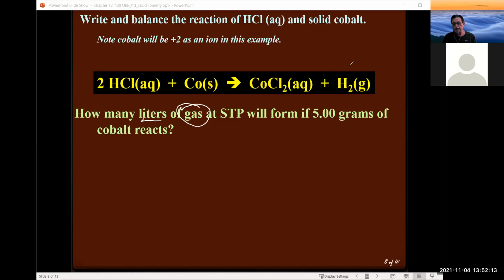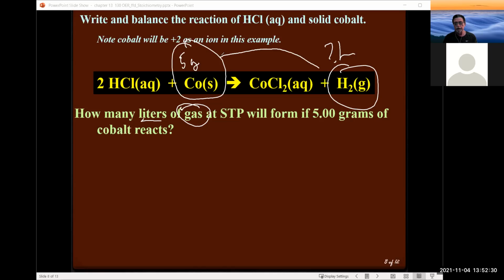The only gas, obviously, is hydrogen. And so the question is, how many liters of hydrogen gas are generated if I react 5 grams of cobalt? So we are only concerned about cobalt and hydrogen gas in this equation.